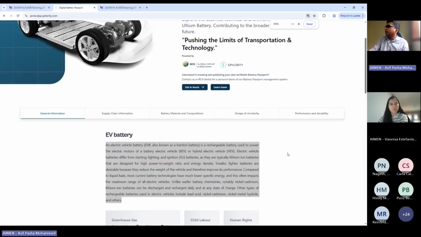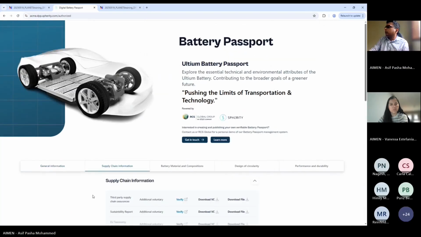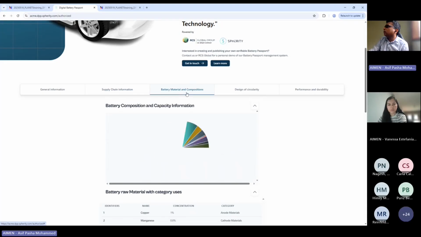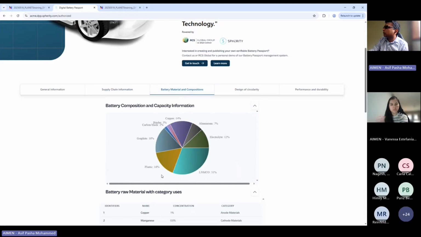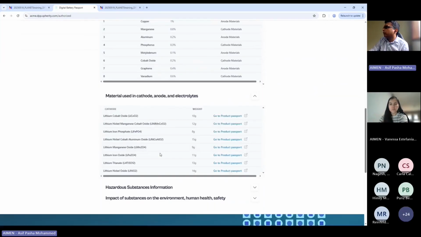And then you go to more information about the supply chain. So you have information about third-party chain appliances, and there are some documentations attached to some of the information that's relevant. And then here you have the information about the materials and compositions, what kind of materials are being used, what is the percentage, and more details are here.